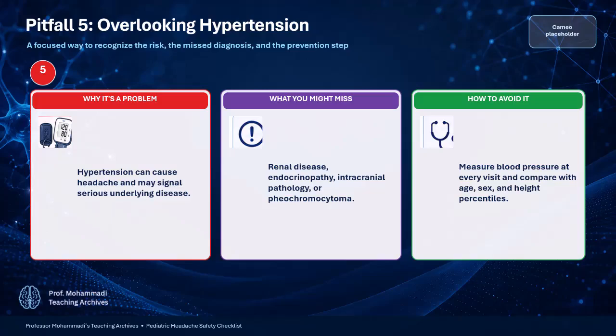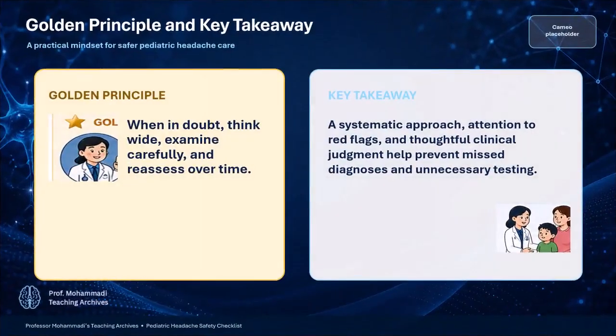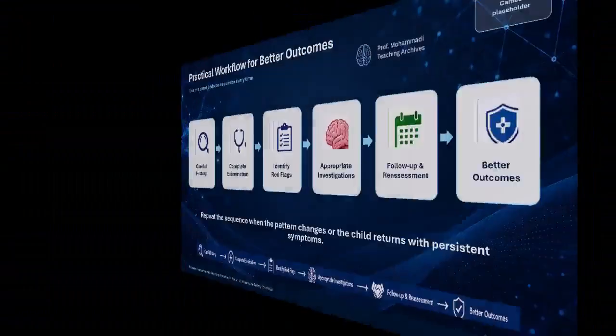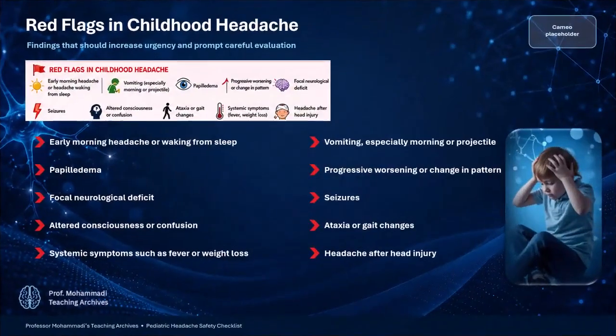Red flags are practical warning signs that should increase clinical concern and guide the urgency of evaluation. Important red flags include early morning headache, headache that wakes the child from sleep, vomiting, especially in the morning or projectile vomiting, papilledema, progressive worsening, or a clear change in headache pattern.